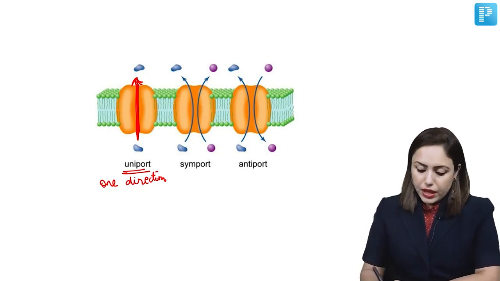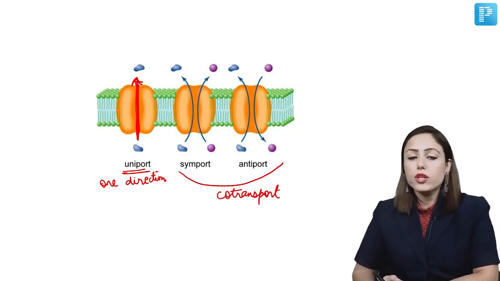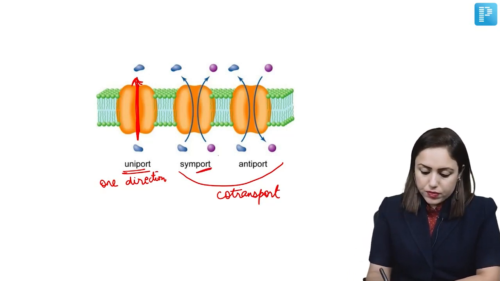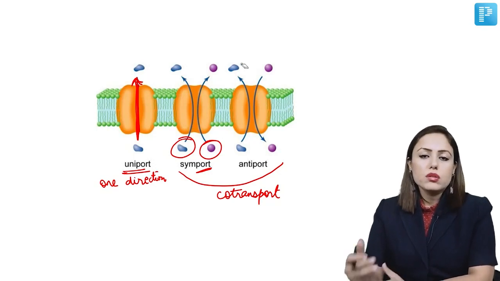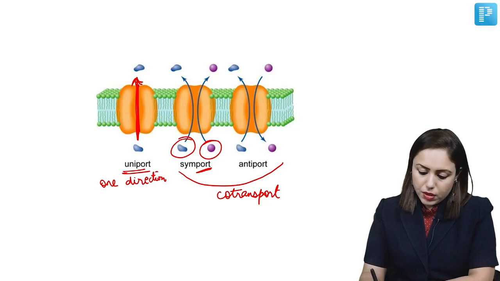Okay, then the other two are co-transport methods. Co-transport means two molecules are taken together. In symport, both the molecules are going in same direction, okay, and in antiport, the two molecules are going in opposite direction. For example, this blue one is going this side, the purple one is going this side.